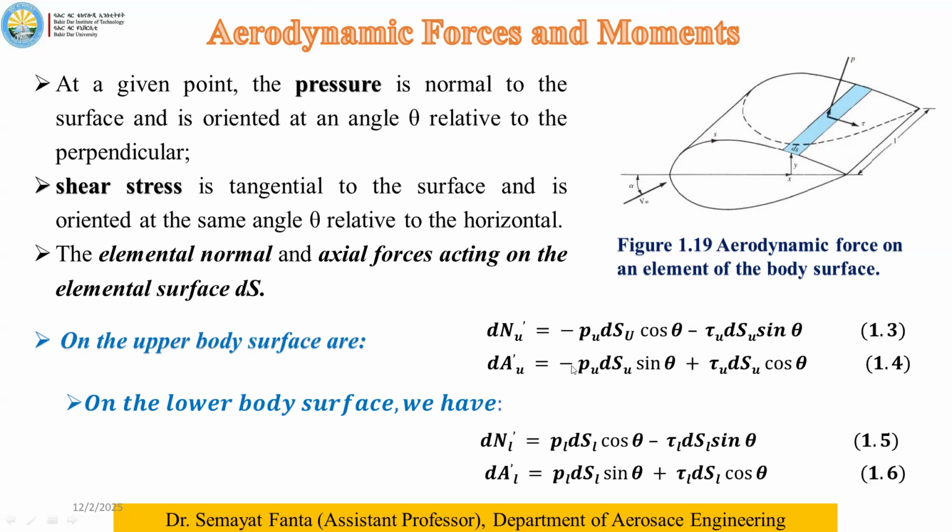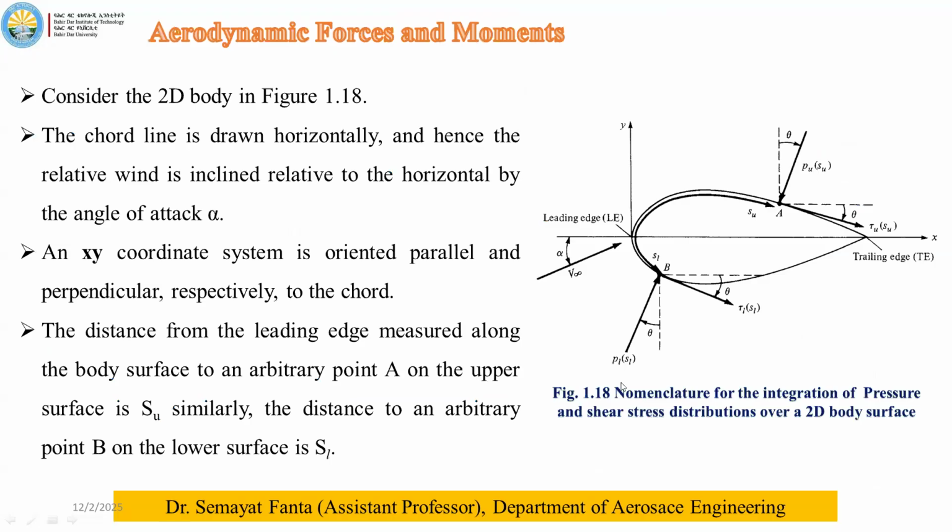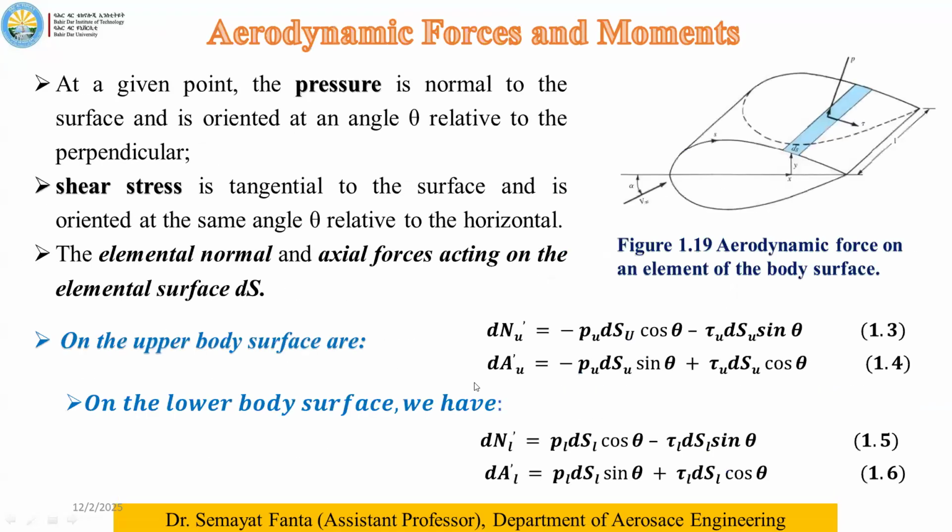Again, for the axial component, pressure is in the backward direction. Look, this is the pressure component of axial. If I resolve it from this point, it is back and down. So it becomes minus P_U ds_U.